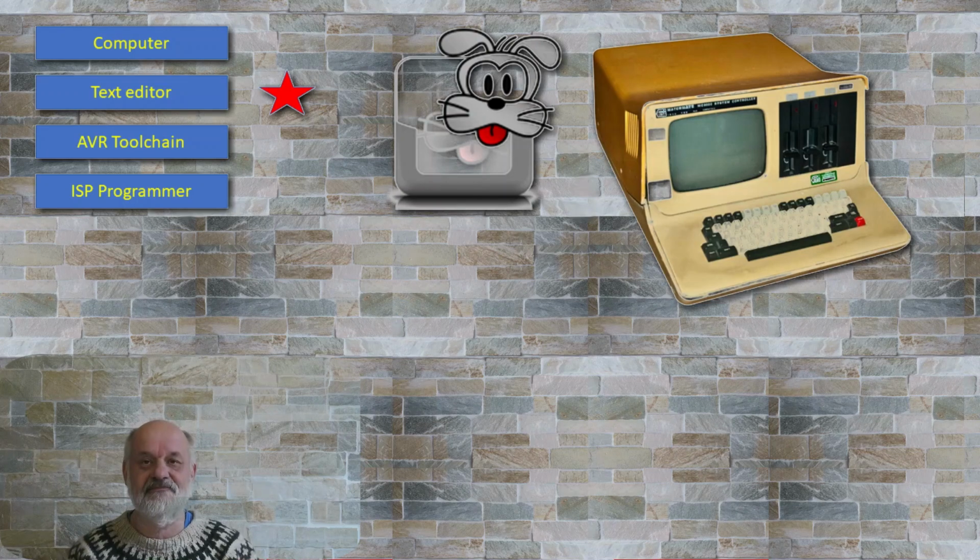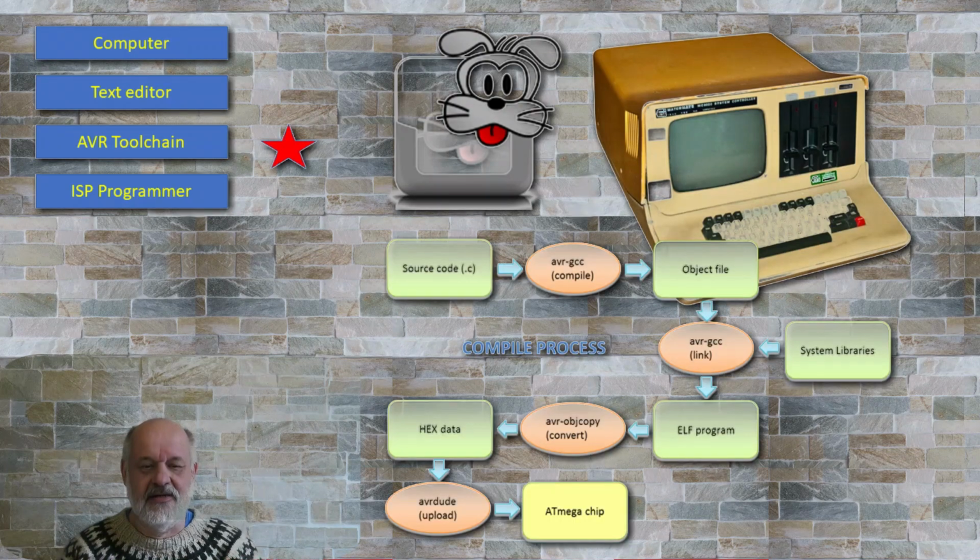The next thing, oh yes, I'm reading a paper. The next thing you are going to need is a tool chain. Tool chain is a collection of programs needed for compiling your code.